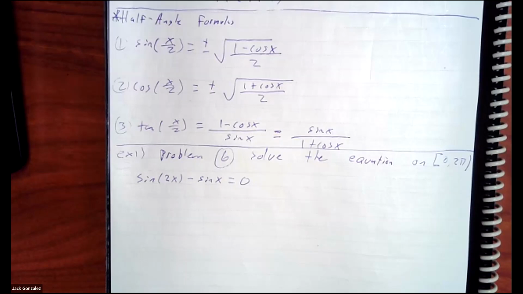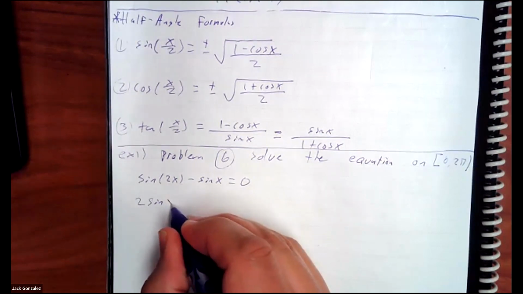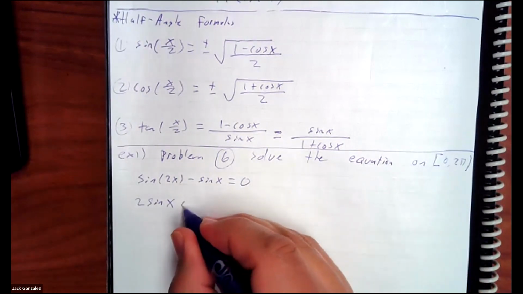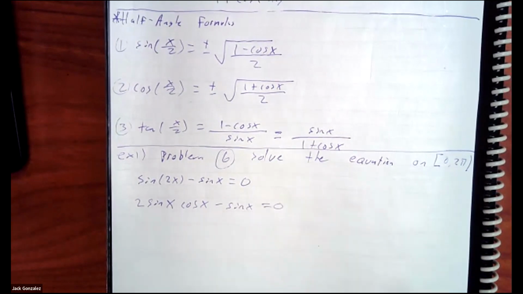Yeah, so 2 sine theta cosine theta. So whatever theta is, in this case, x. So theta is just generic. You know what I mean?